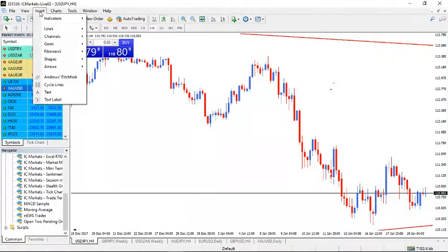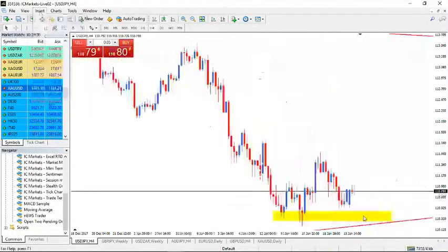If the price comes here, expect the price to pick up from there and go all the way up. It would have formed what? A double bottom. You see that? It would have formed a double bottom should the price come back here.